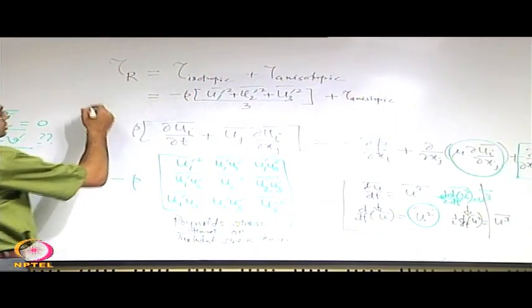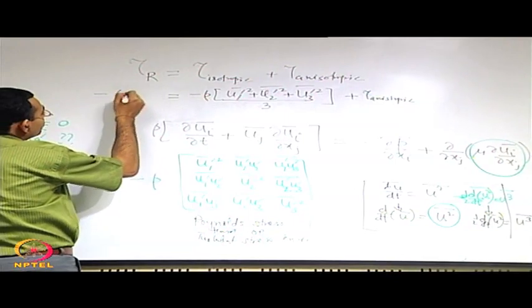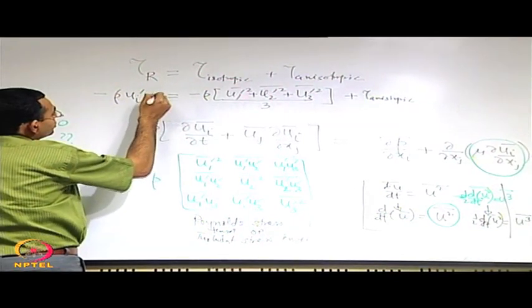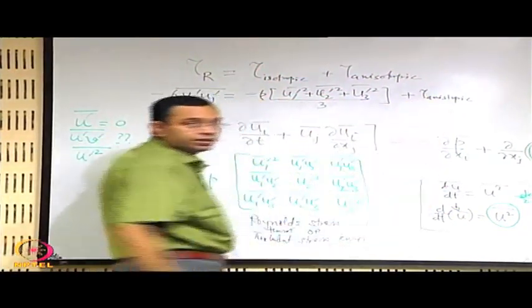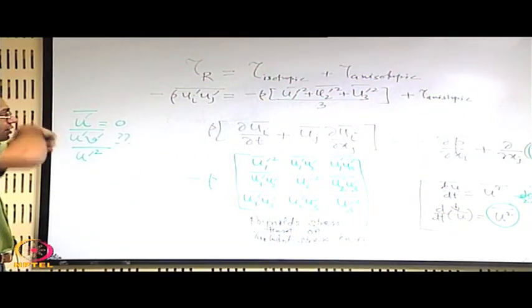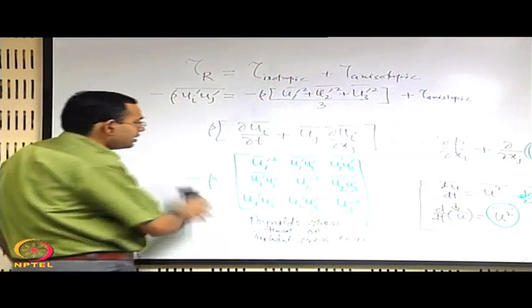So, the Reynolds stress tensor is minus rho ui prime uj prime average, it has an isotropic part and an anisotropic part. The isotropic part, let us see how we write the isotropic part.